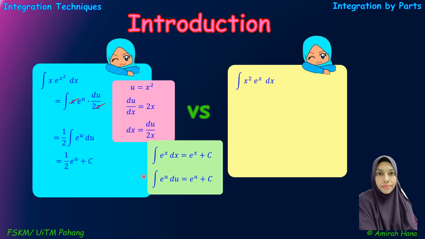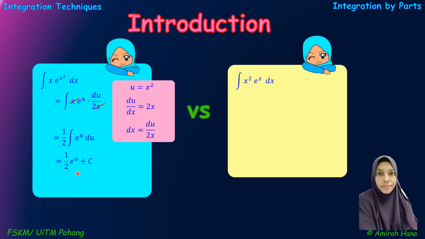After that, we need to replace u in terms of variable x. Our u equals x squared, so the final answer equals half e to the power of x squared plus c.